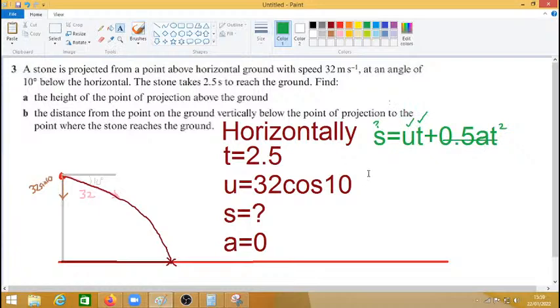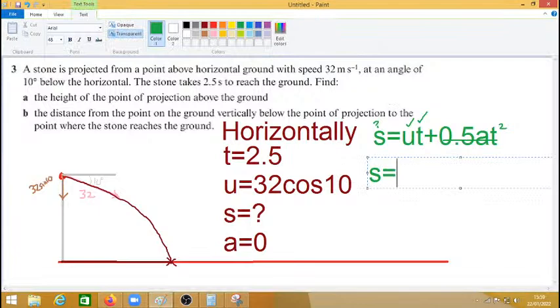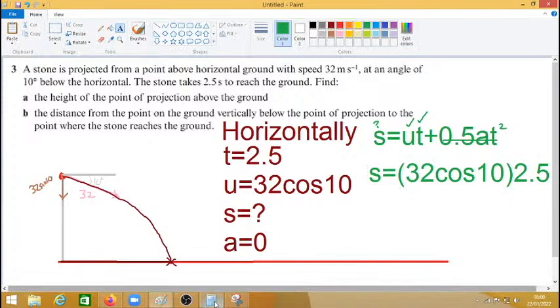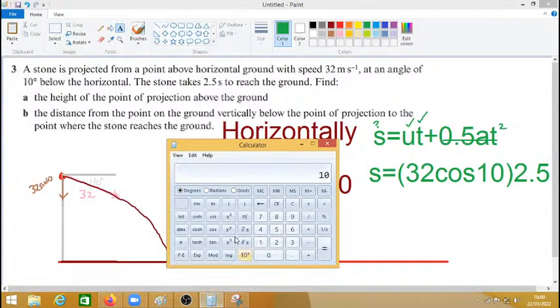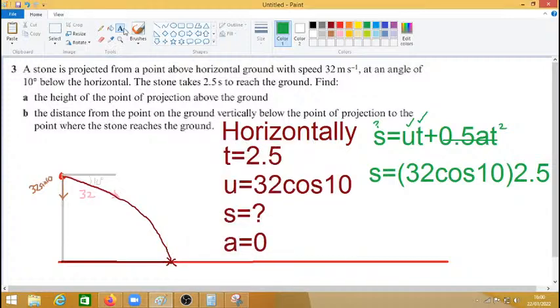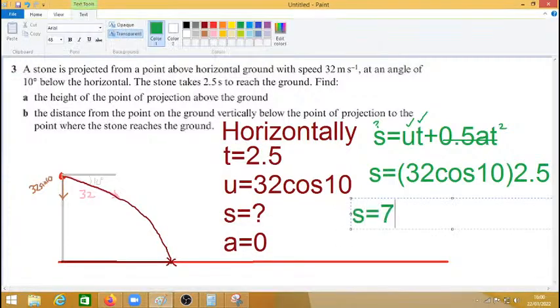All we're left to do is s equals 32 cos 10 times by 2.5. You work out that the horizontal distance is 78.7846. Good.